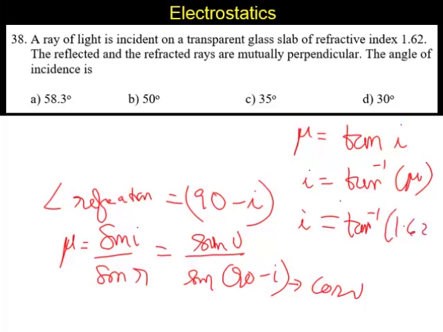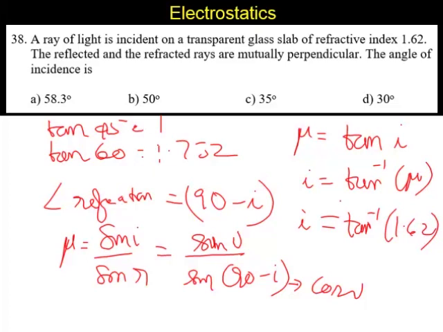Now we know that tan 45 equals 1, and tan 60 is 1.732. So the angle should be less than 60 but more than 45. So the answer is 58.3. If you calculate tan inverse of 1.62, it is exactly 58.3.